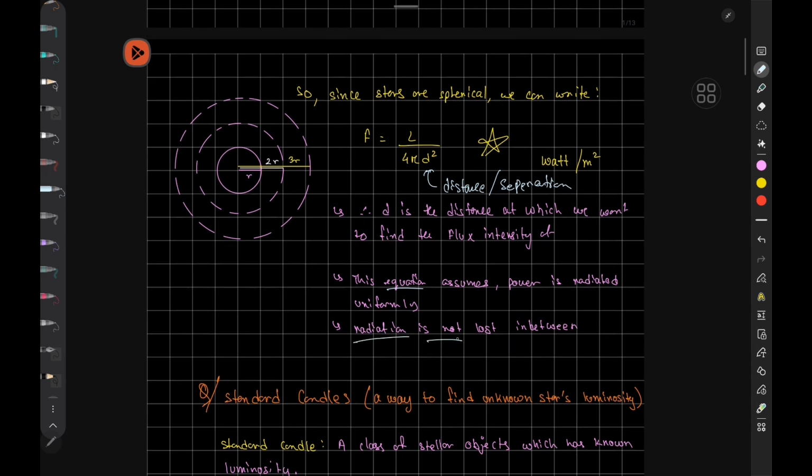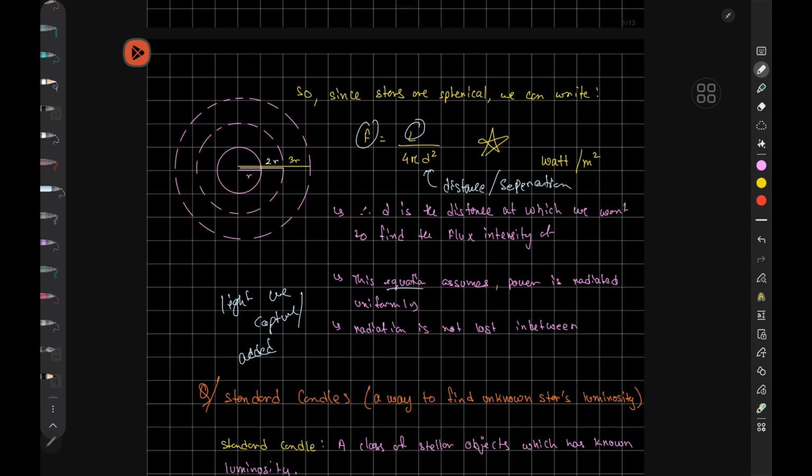And we also assume that the radiation is not lost in between, because we are making this analysis of flux, intensity or luminosity based on the light we capture. Practically speaking, obviously a lot of information has been lost, or added, based on what you have between the observer and what you're observing.